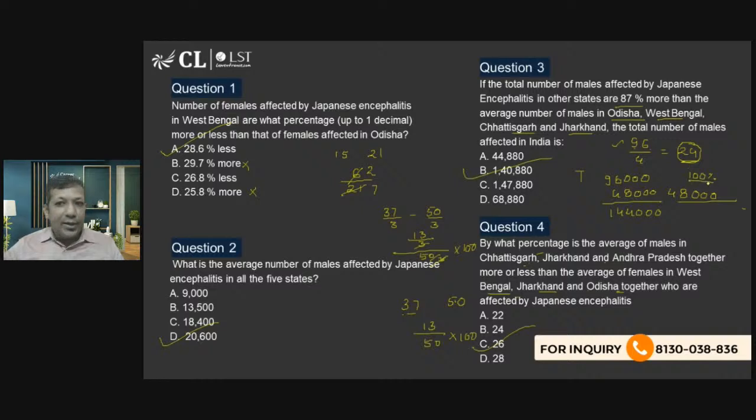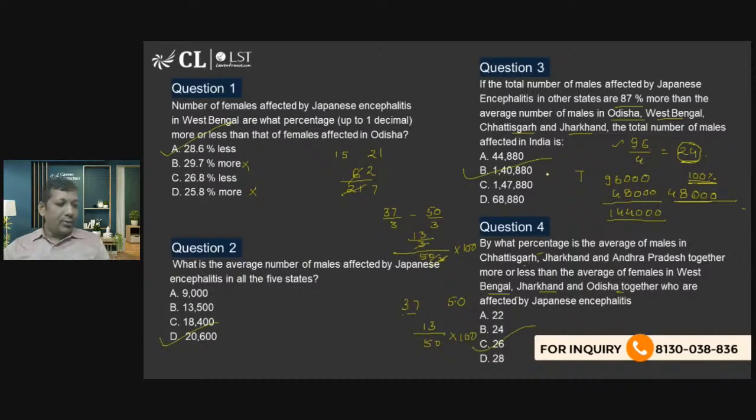I am taking 100%. Increment of 100%. So 100% is 48,000. So the final value should be this. But the value should be smaller than 48,000. Why? Because I am actually increasing the value. So now my job is to decrease the value. So my final answer should be less than 144,000. That's the reason I got it.